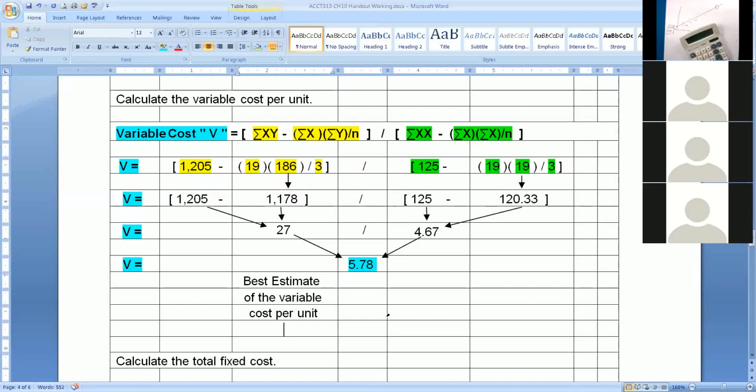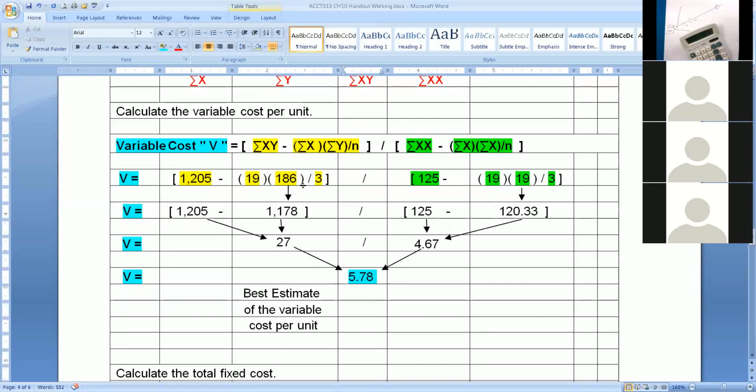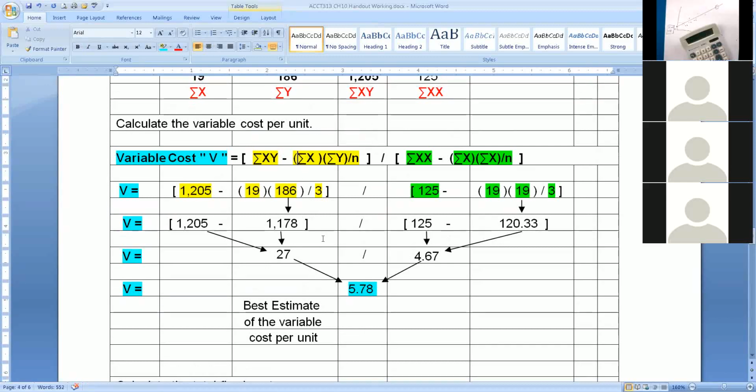Any questions on that? Once you get used to using these symbols, they're really not that bad. When I was in graduate school, I remember reading a research paper that had all these symbols.